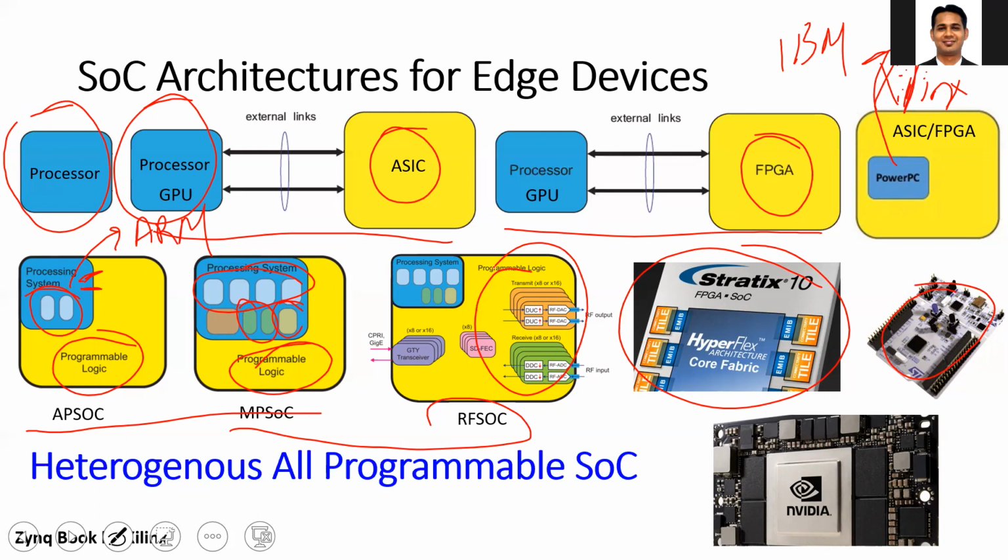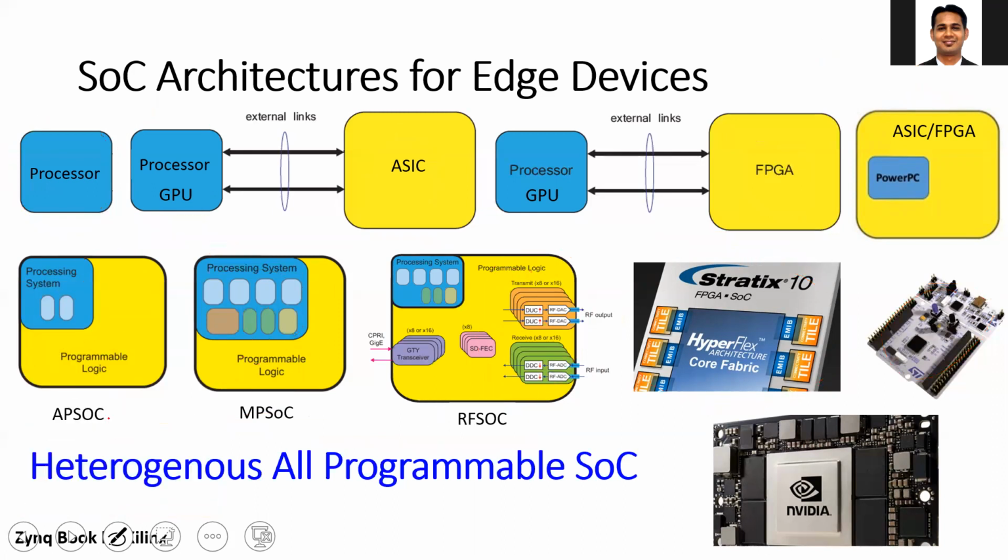You have the processor, the real-time processor, the GPU, and the FPGA, so you have different kinds of devices together. This is how the evolution of the hardware platform has happened to meet the requirements of next generation services, which need distributed computing.